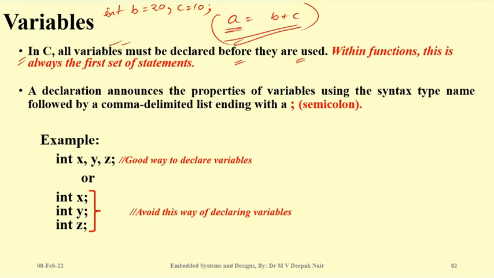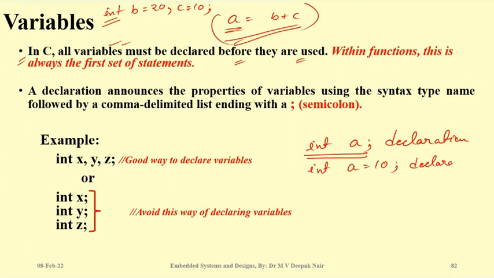Declaring a variable means you must define the data type. There is a difference between int A and int A = 10. The first is just declaration, whereas the second is declaration and initialization.